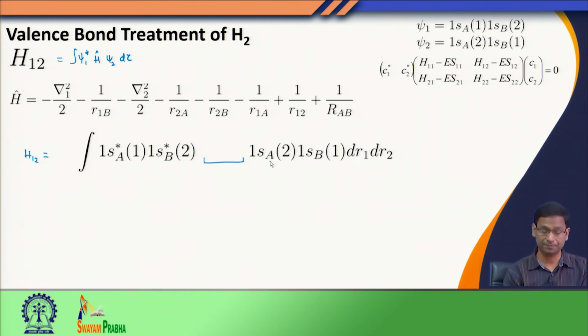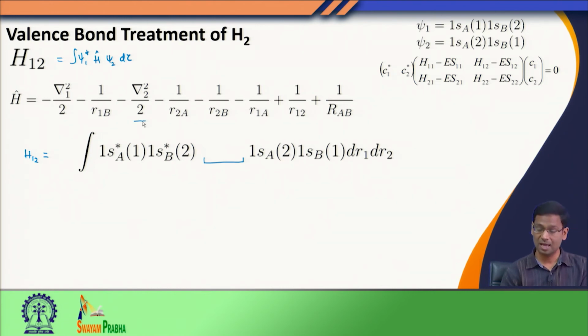The nucleus would be A, and what would be the electron? This will be the electron corresponding to electron number 2. So, if I construct a hydrogen atom by taking electron number 2 and nucleus A, this function will be an eigenfunction of that Hamiltonian. So, let us find that out. I want the electron number 2 kinetic energy operator.